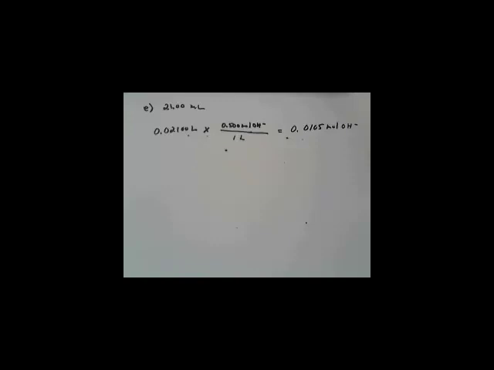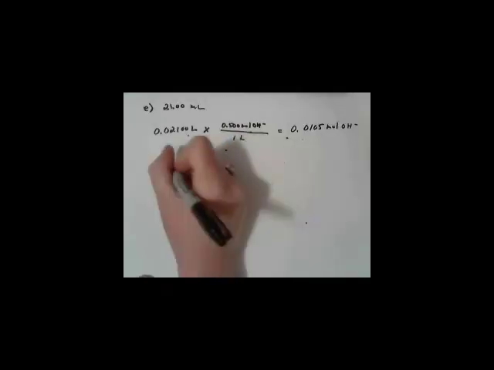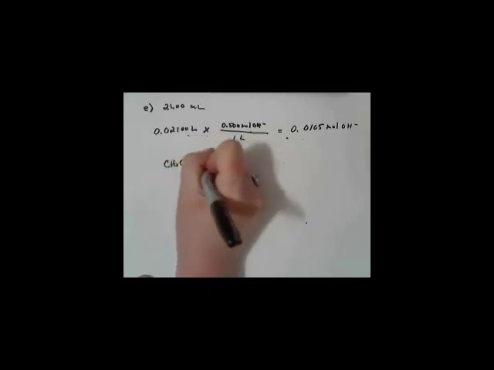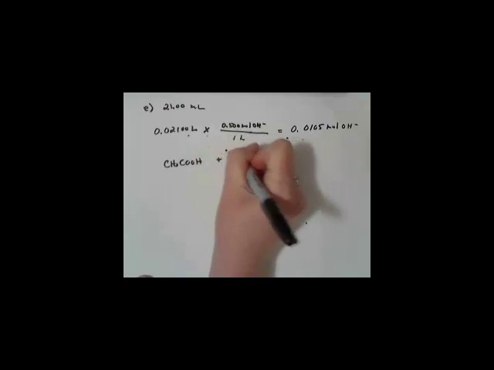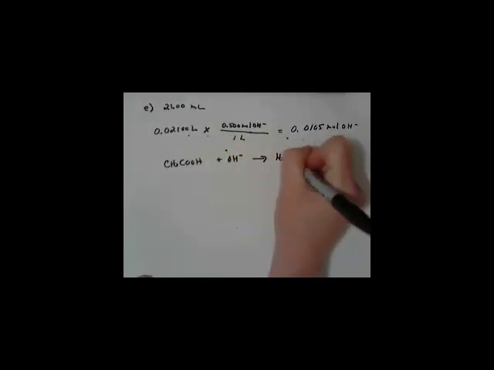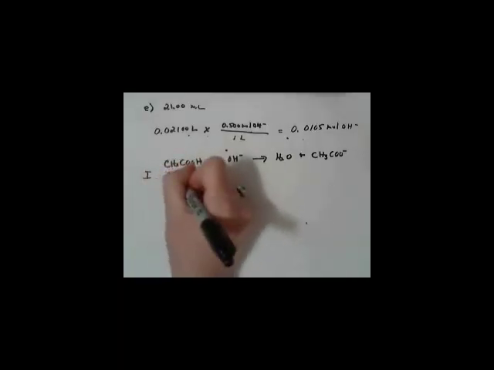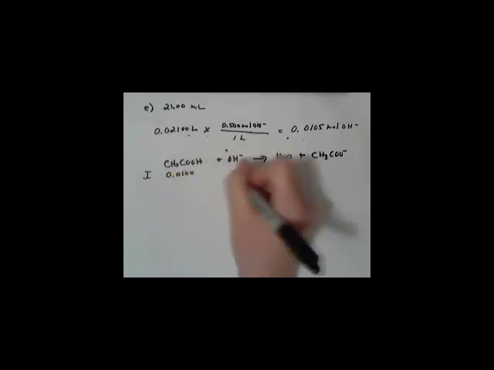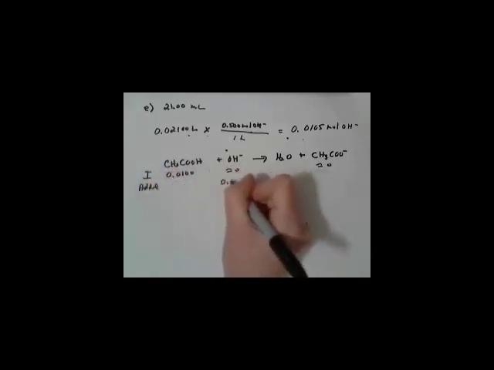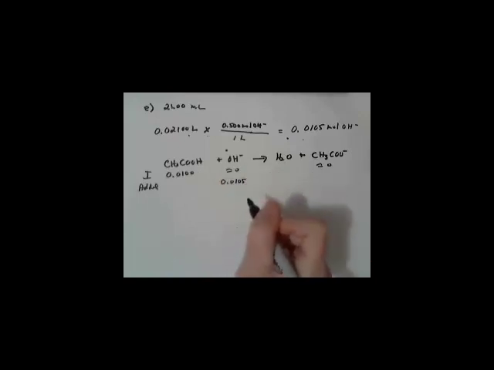Now here's what we have beyond the equivalence point. Let me go ahead and write the reaction again here: acetic acid plus OH minus gives us water plus the acetate ion. For the initial amounts, we'll just write them in moles. The acid will be about zero. Now, we've added 0.0105 moles of hydroxide ion.